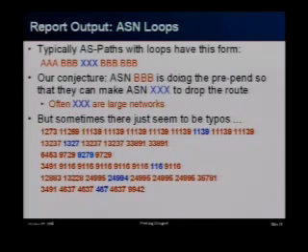Now our conjecture here is that it's probably ASN BBB which is doing the prepend, so that they can essentially make sure that ASN XXX would drop the route. Again, this looks like some form of traffic engineering and load balancing, essentially to make sure that a large network would send traffic on the inbound link that they prefer and not on the lower capacity link.